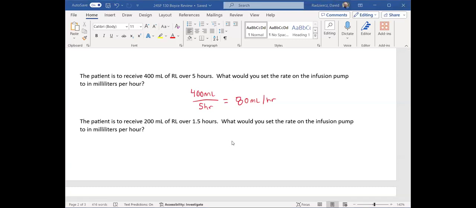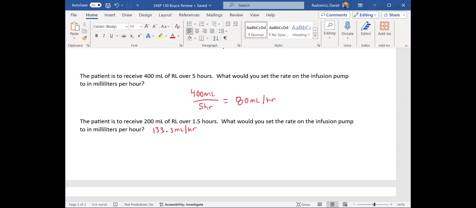All right. So if you're doing this and you're following your rounding rules, your answer should actually be 133.3 milliliters per hour. Now, I will say this. If it's me, most likely you're going to put it at 133 milliliters per hour.